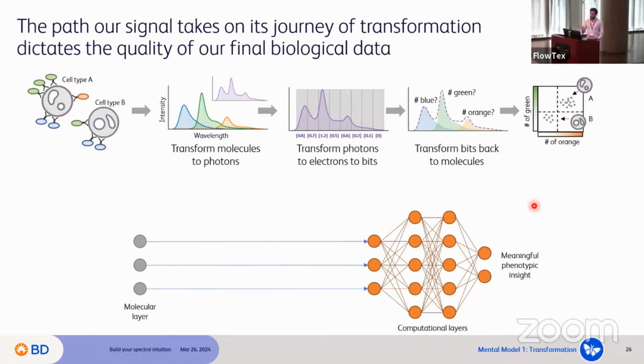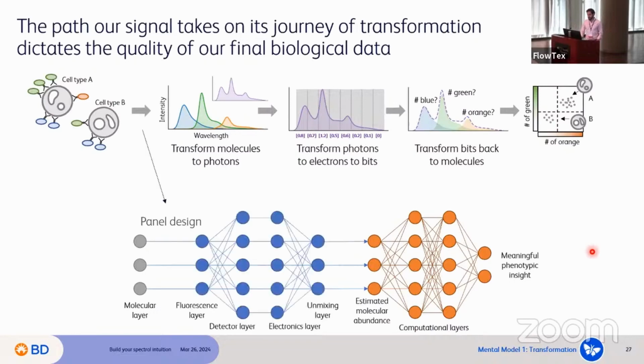So it's this concept that we're going from some latent layer that contains our molecular information, and we want to get that into whatever the cool algorithm we're using is today. This is a little cartoon of a neural network, but ultimately we want to get some meaningful phenotypic insight out about our sample, right? Well, every step in this chain you can think of as a layer that we are transforming our signal with, and it's going to impact our final data.